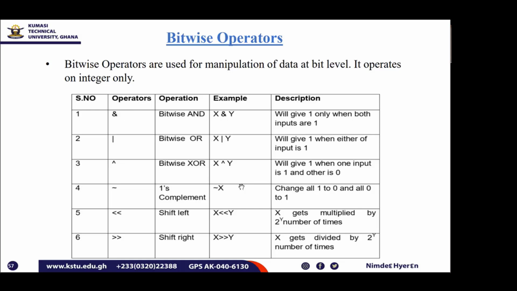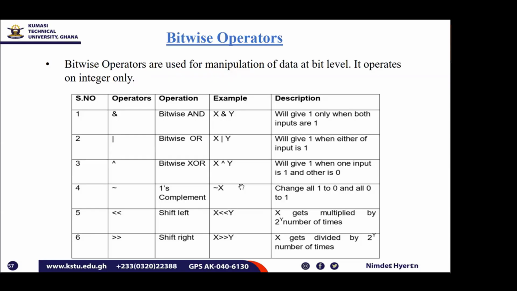And then the shift left, where you have X less than less than Y, would give us X being multiplied by 2 raised to the power Y number of times.